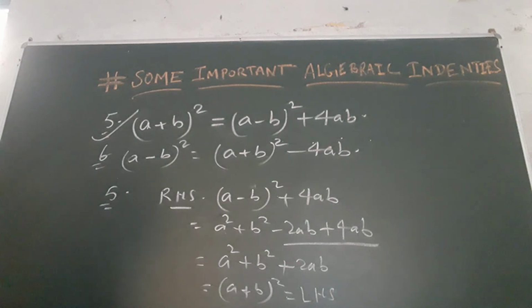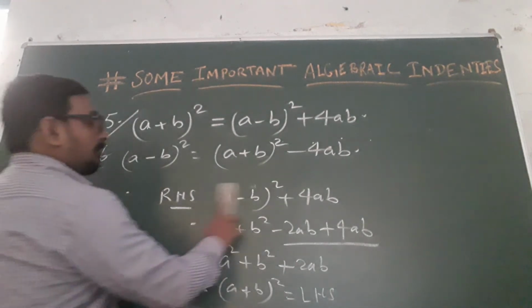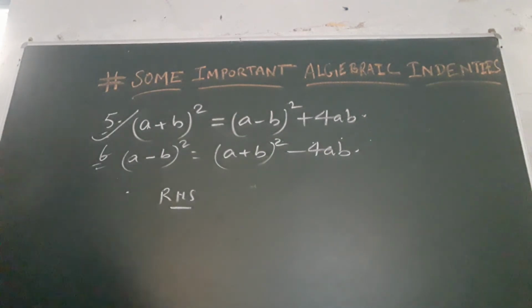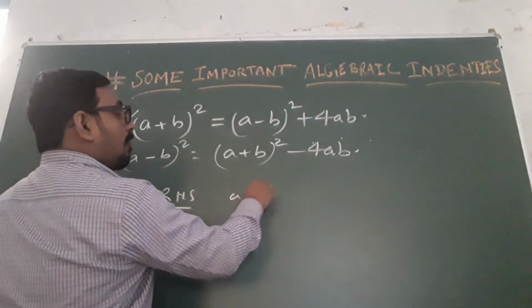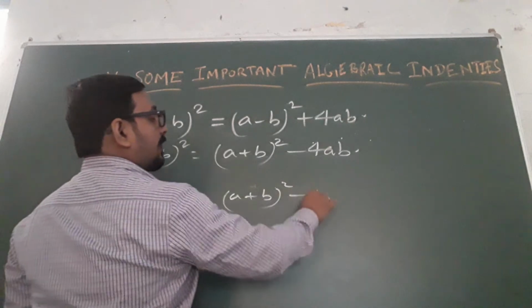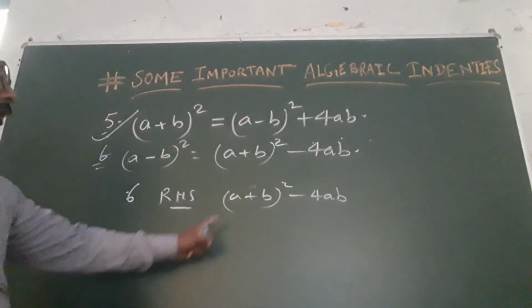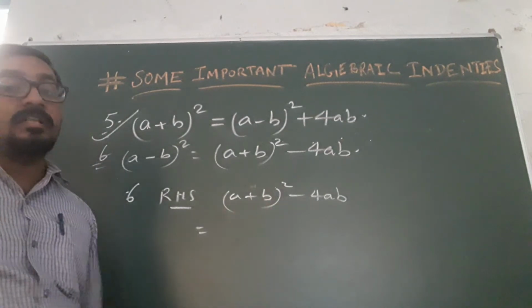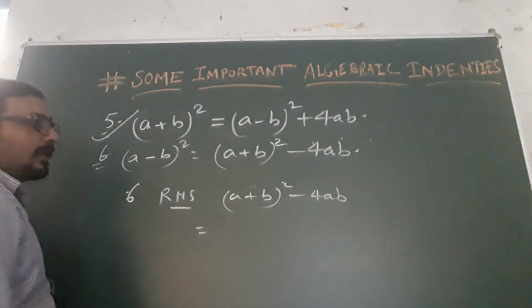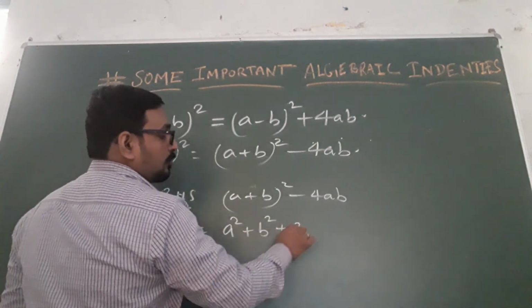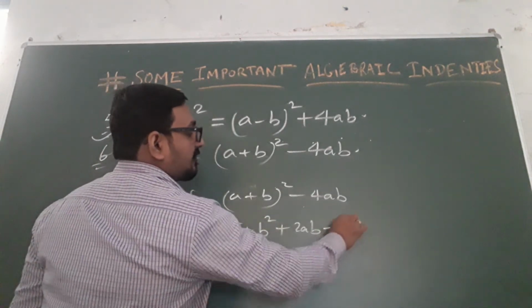Now start the 6th one. In the 6th, you take the RHS, which is a plus b whole square minus 4ab. Now putting in the formula of a plus b whole square, a square plus b square plus 2ab, and we have minus 4ab.